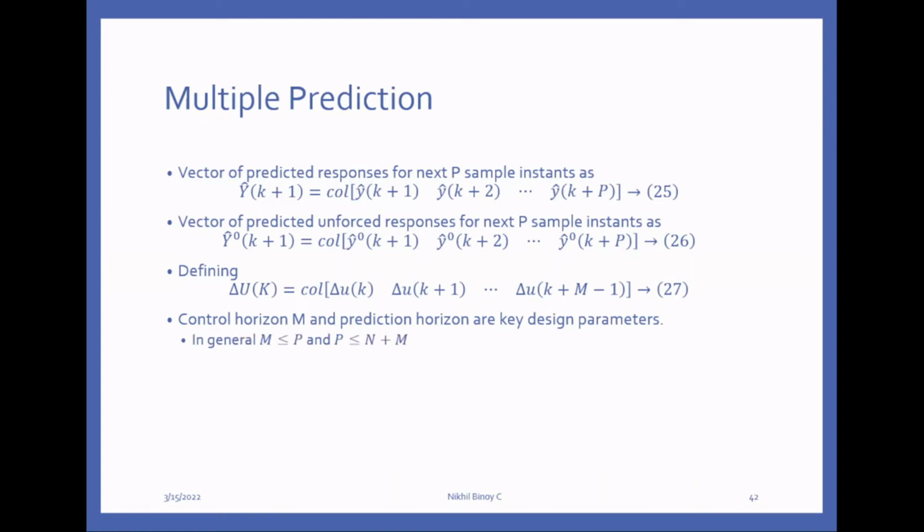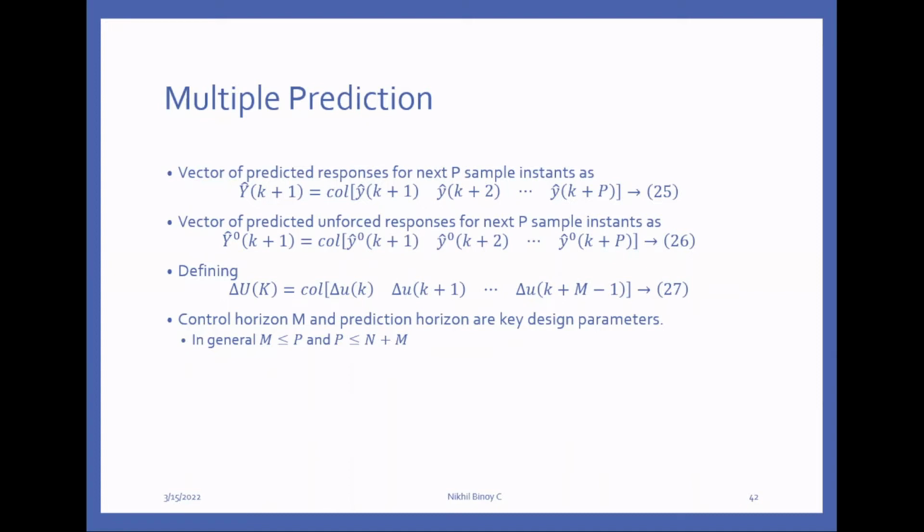Okay. So in general, please note, the control horizon m must be less than or equal to the prediction horizon. And one more thing is that P must be less than or equal to n plus m.